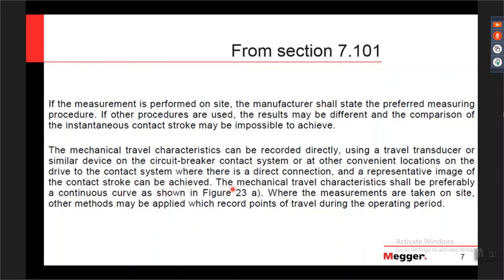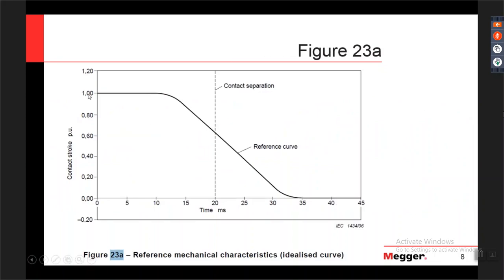And then it says also that mechanical travel characteristics shall preferably be a continuous curve shown in figure 23. So figure 23 is this kind of idealized curve, which is how the standard describes how travel motion is done.